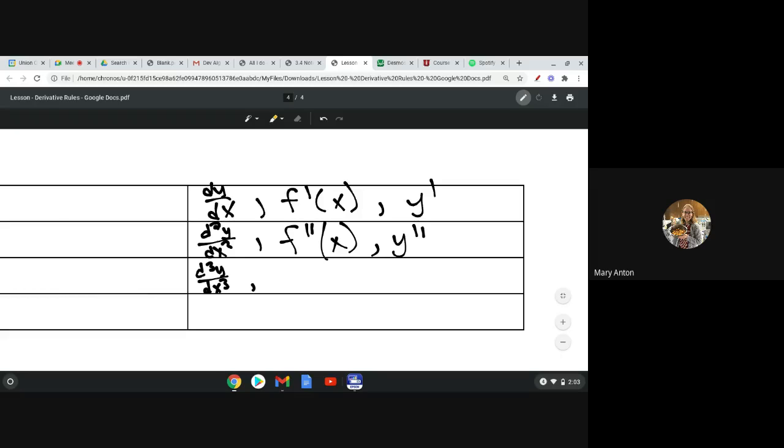If you know what the Roman numeral for 4 is, then you're good to go. And y with 3 tallies. Then our Roman numeral friends: this is f in parentheses iv of x. That's our fourth derivative. And same with y, y parenthesis iv. That's our fourth derivative as well. But this d4y over dx4 notation stays the same.